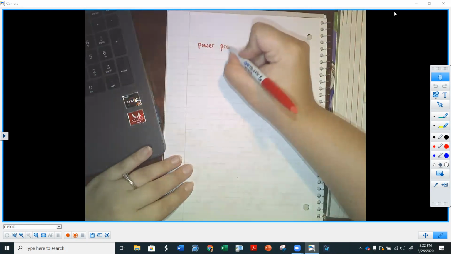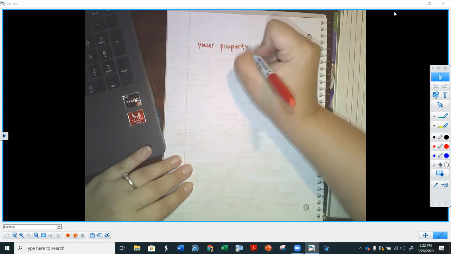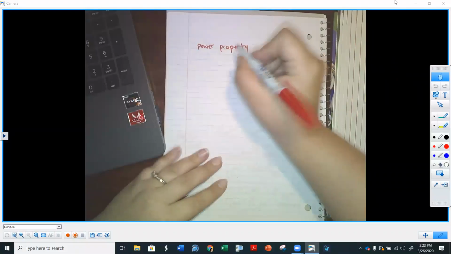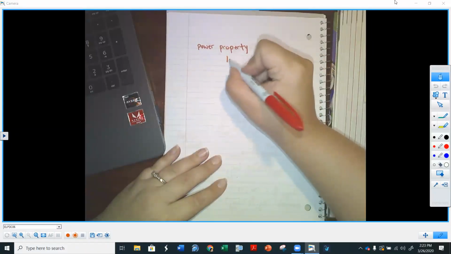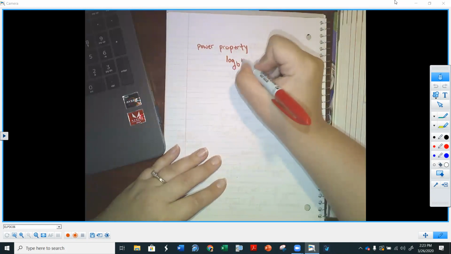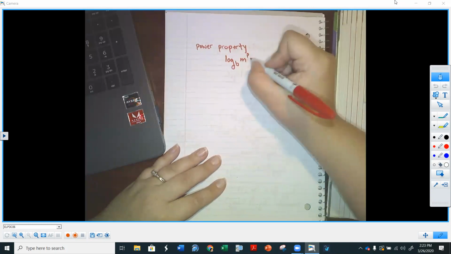The next property of logarithms that we have is the power property. I'm not going to write of logarithms every time. But the power property of logarithms is going to look like log base b of m to the pth power.